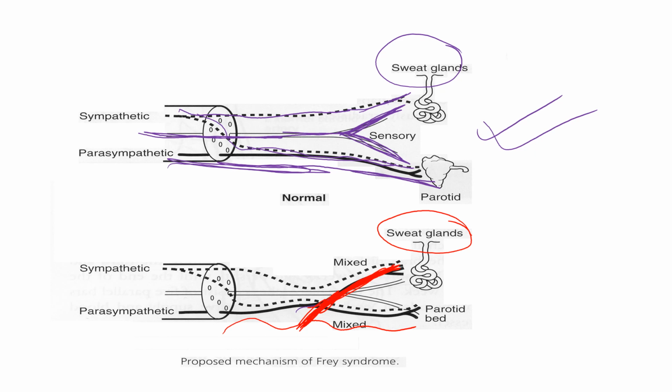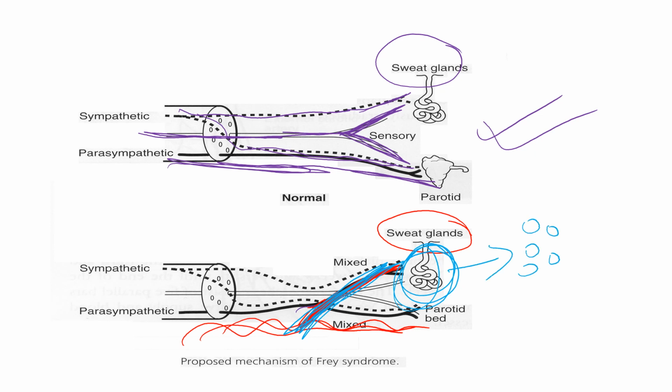So when the person is trying to eat food, along with the secretomotor fibers traveling in the auriculotemporal nerve, through this aberrant connection they will convey their secretomotor fibers to the sweat gland. Therefore beads of sweat are produced in the region of the parotid gland.